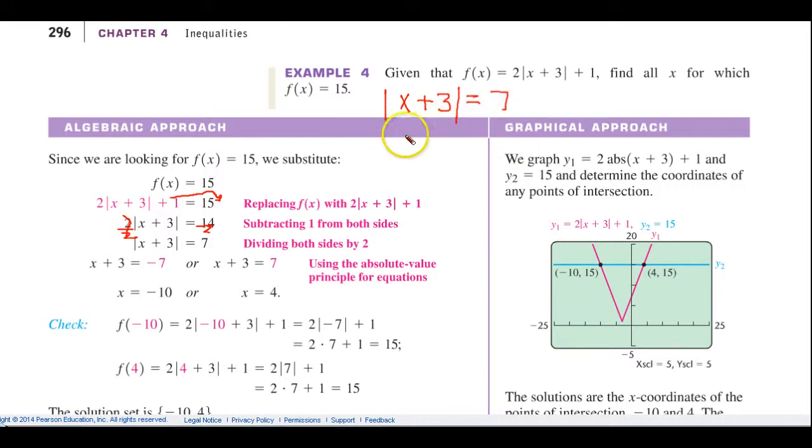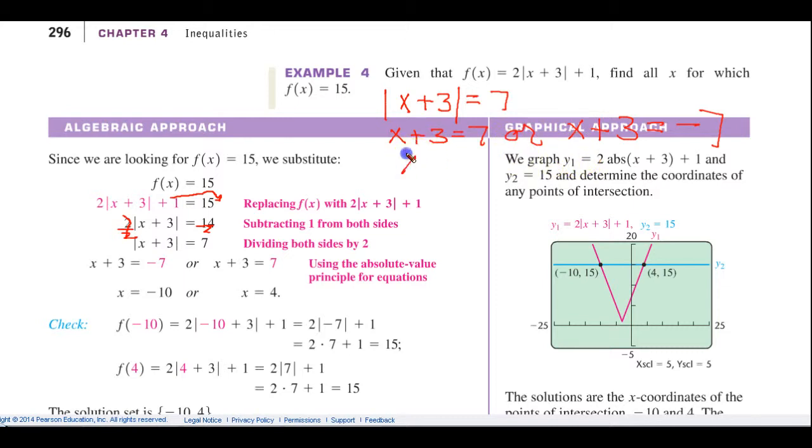So again, the way I would do it, you remove the absolute signs, x plus 3 equals 7, or x plus 3 equals a negative 7. Now they do it the other way, but again, whichever way you're comfortable with is fine.